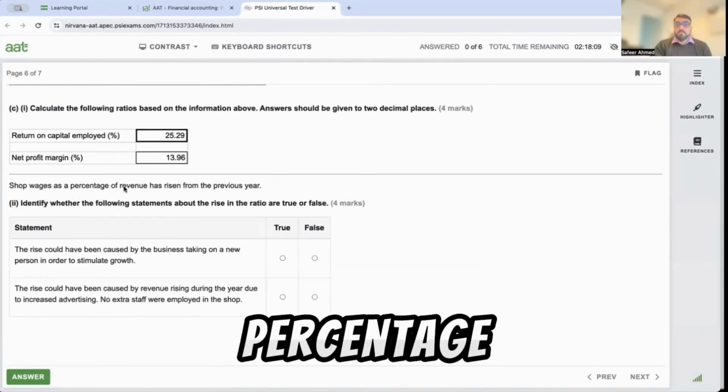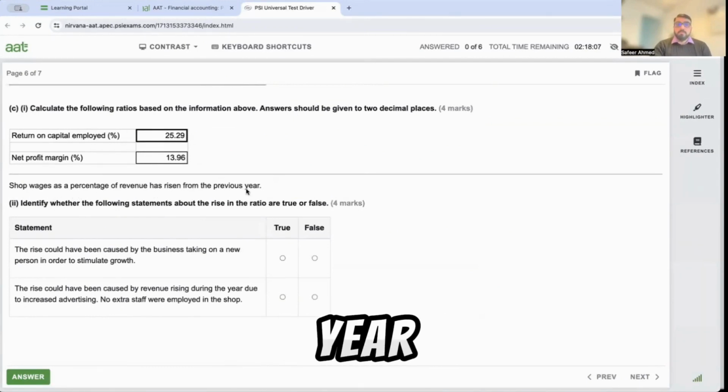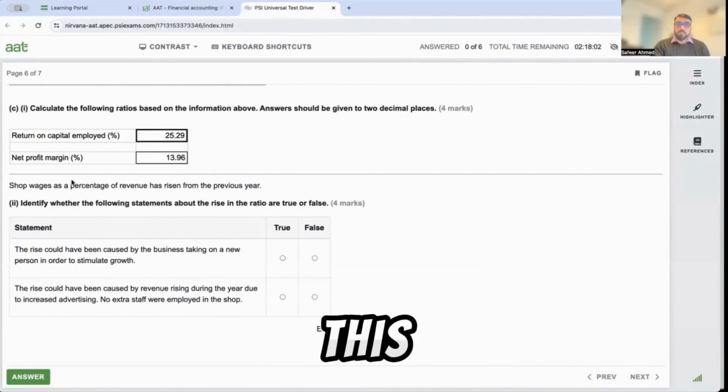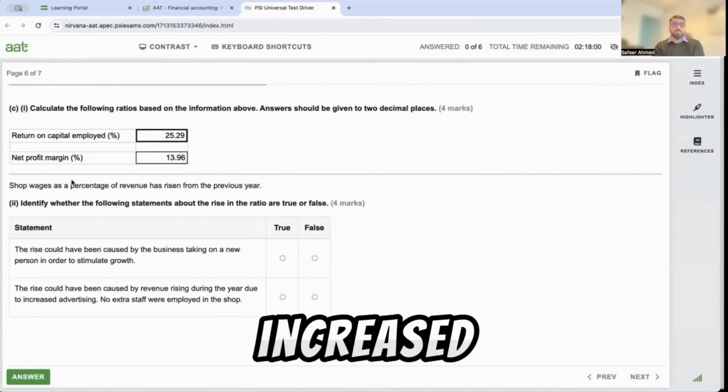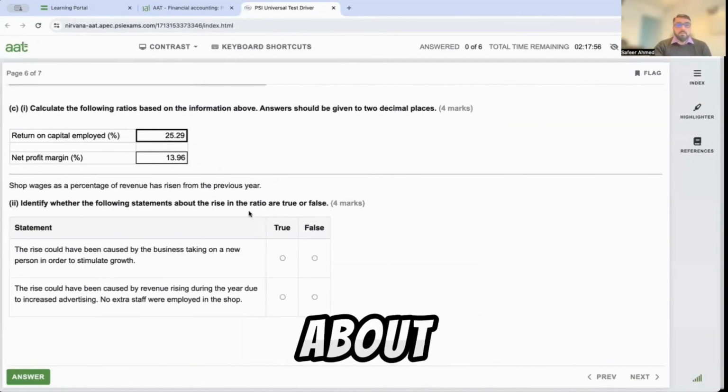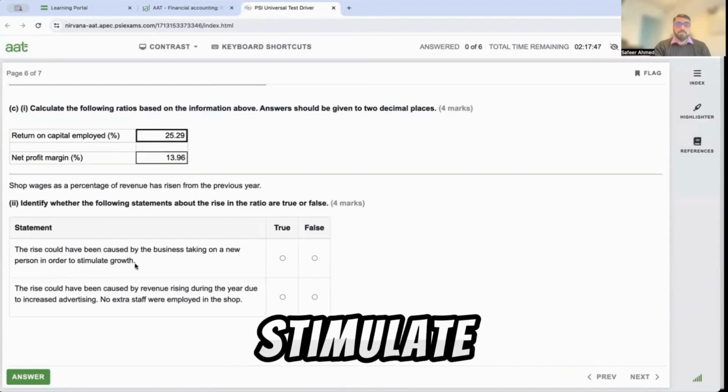Shop wages as a percentage of revenue has risen from the previous year. So what they're saying is that this expense in terms of percentage has increased from the previous year. Identify whether the following statements about the rise in the ratios are true or false. The first one is that the rise could have been caused by the business taking on a new person in order to stimulate growth.